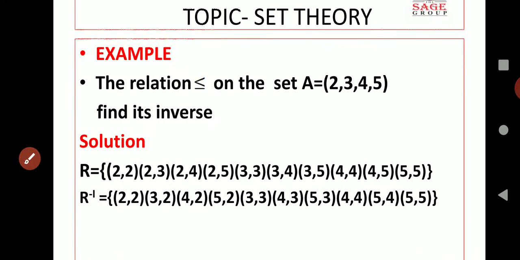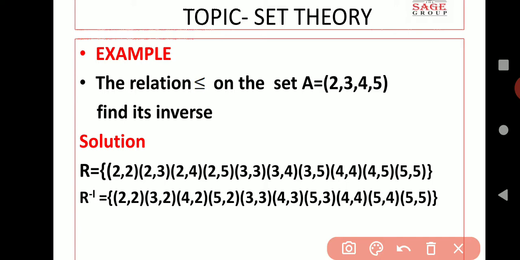For example, we have a set A with the elements 2, 3, 4, 5, and the relation is less than or equal to. First we have to find the relation, and then we find its inverse, R inverse.